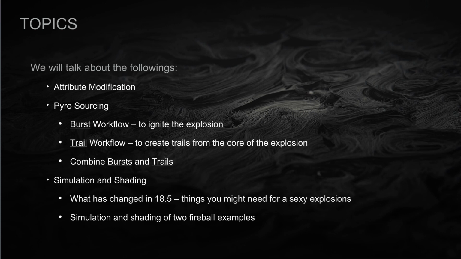Then after all of this sourcing, we will talk about simulation and shading. Shading in terms of what has changed in 18.5 and how you can make your explosion look really nice. And simulation-wise, we will be looking at two examples.